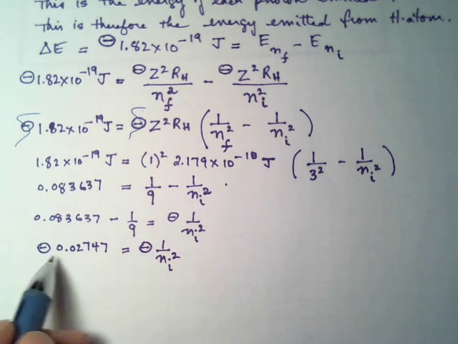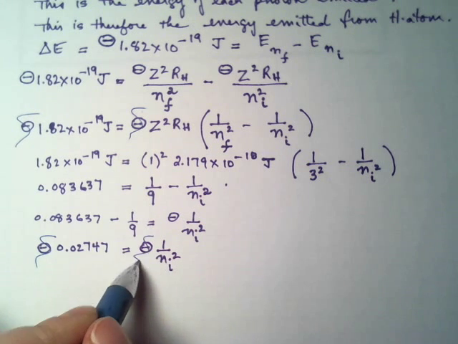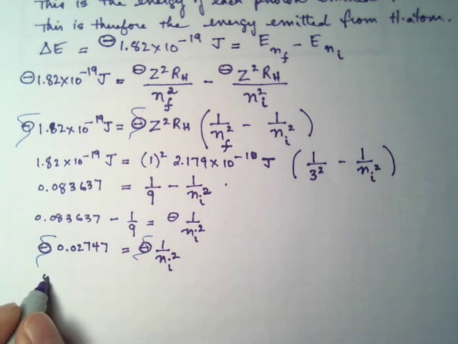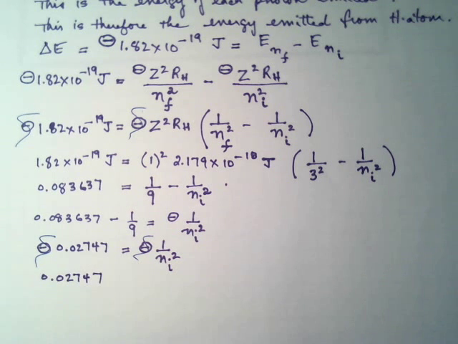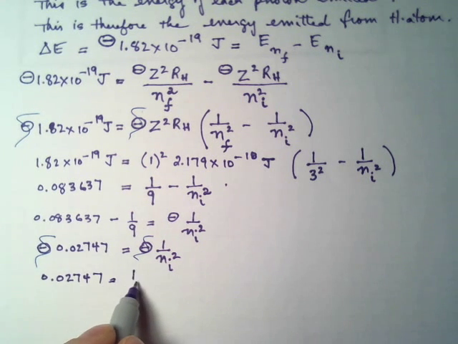And again, negative, negative. Who needs them? There you go. And so now I have 0.02747 equal to 1 over n initial squared.